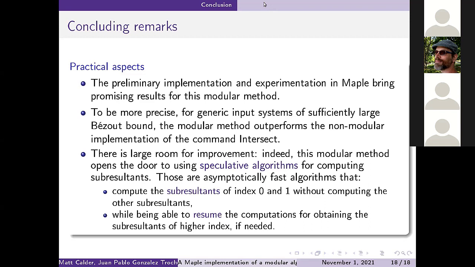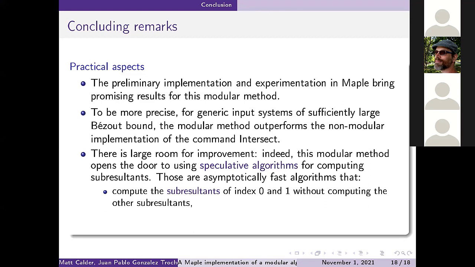Thank you, Juan. I have one question from Michael Monaghan, who asks how many variables are being interpolated? We do the whole process by interpolation. We only compute subresultants of polynomials in one variable, and then we created an algorithm for computing subresultant chains of polynomials in two variables, inspired by an algorithm from Mike Monaghan.